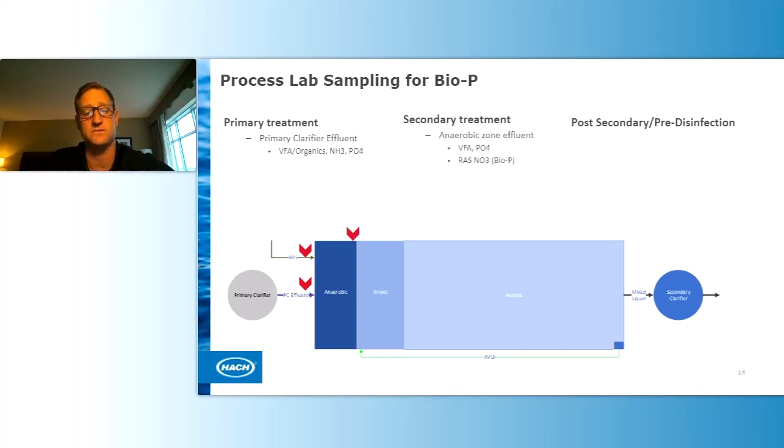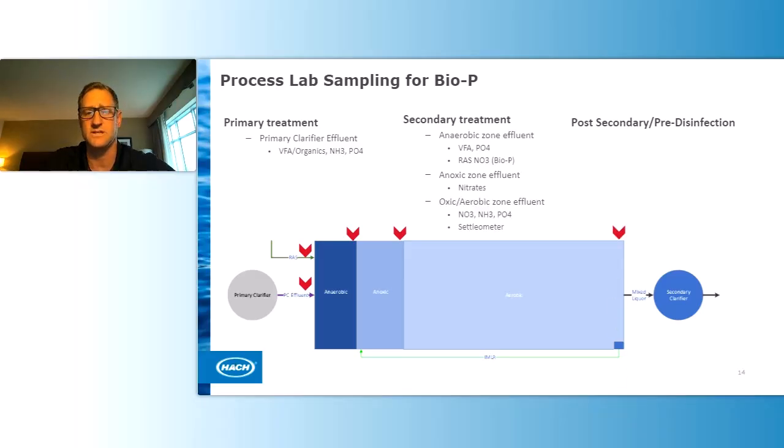Once we've got that data, we can look at our RAS nitrate and make sure it is an appropriate rate for the volatile fatty acids coming in. We can check our phosphorus levels coming out of the anaerobic zone, which are hopefully high, check nitrates coming out of an anoxic zone, and see what kind of uptake we have with orthophosphorus testing.